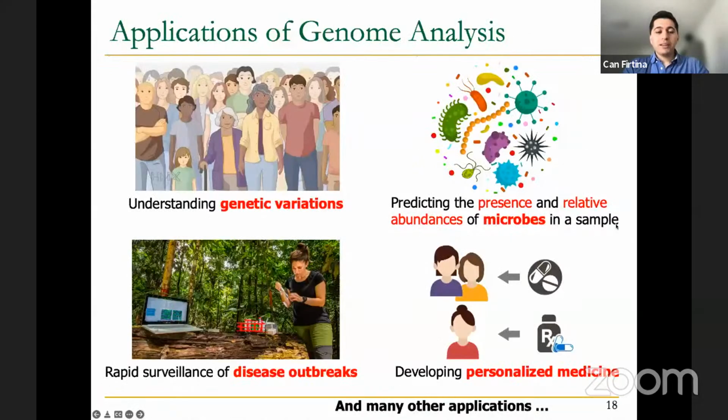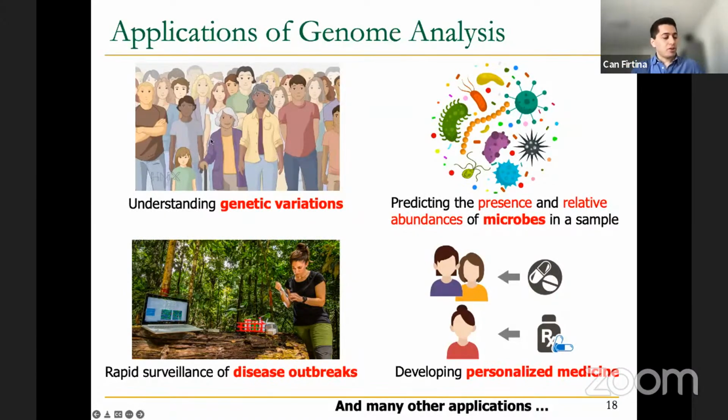So then what are the applications of genome analysis? What can we really do with the genome that we read, with the text version of it, right? The applications are really unlimited. This is really up to your imagination, let's say. We can use these text sequences to understand what the genetic variations are between individuals, right?